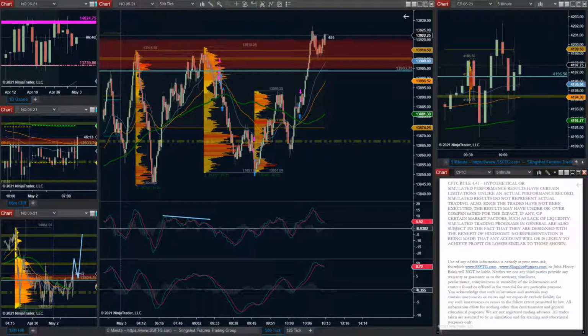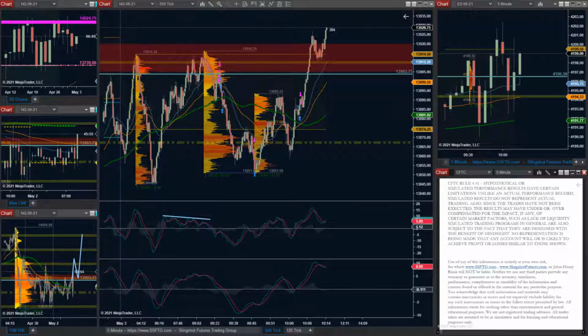Better. Bulls attempting to get more continuation back to the upside. This looks like it's barely an L1. Nice continuation back above. Further proof.